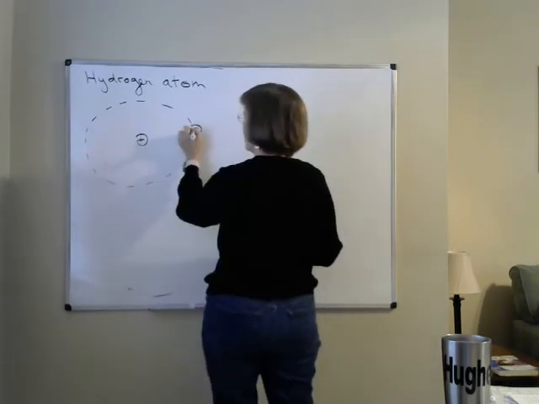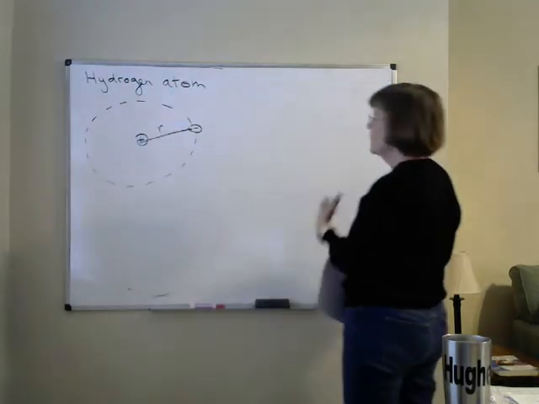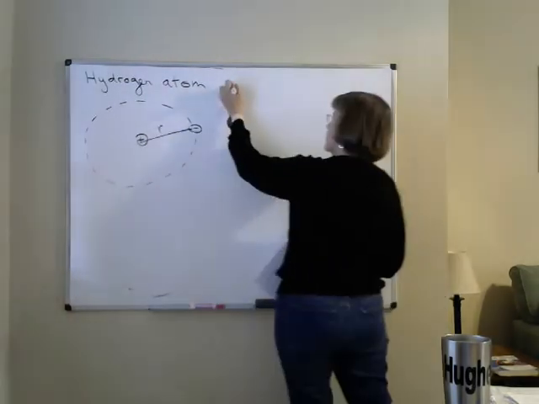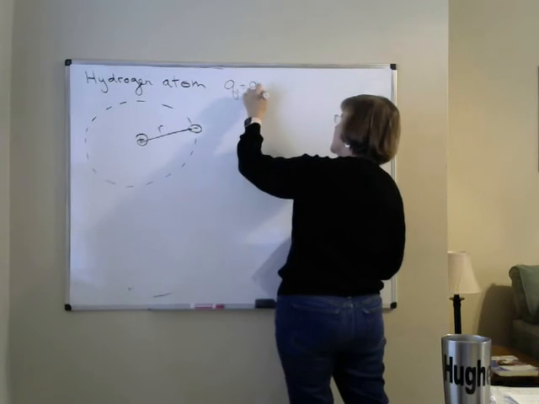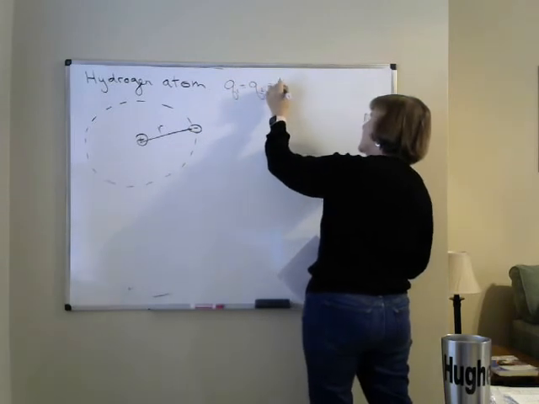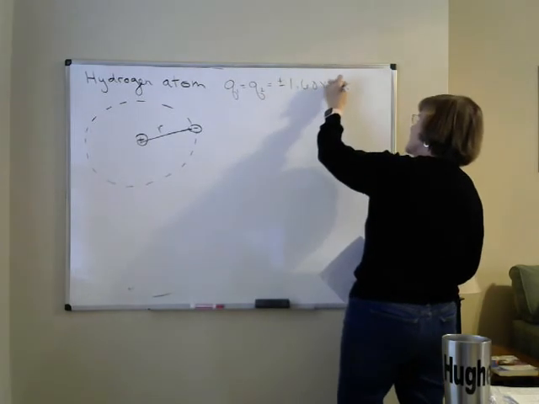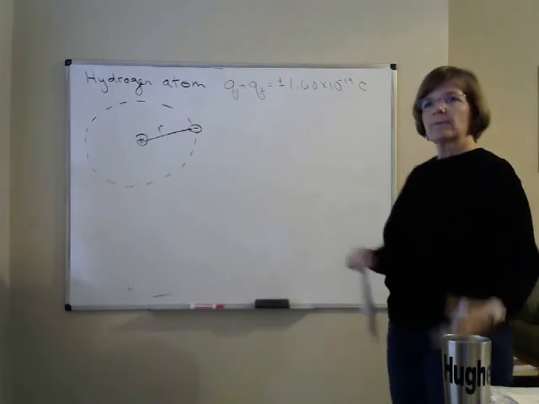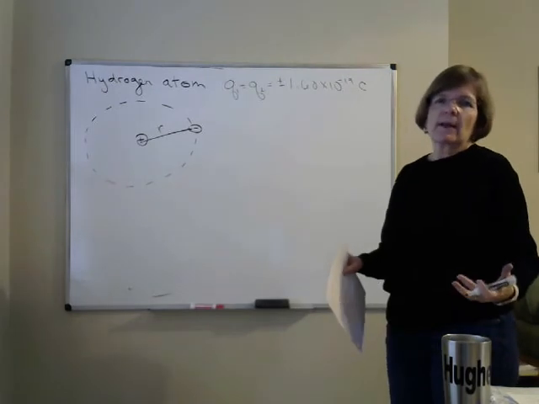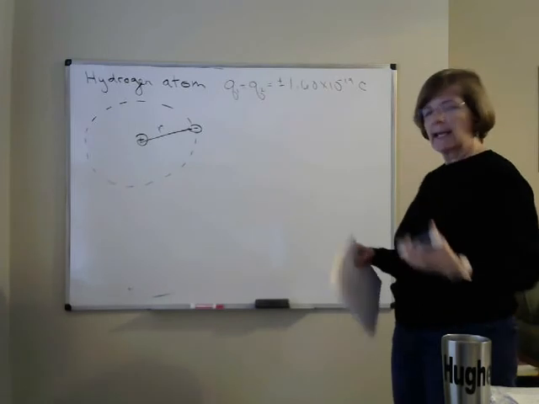They're separated by this radius. We know that they both have the same size charge. Q1 and Q2 equal plus and minus 1.60 times 10 to the negative 19 coulombs. The proton that's in the nucleus has that positive charge, and then the electron that's orbiting has the negative charge.